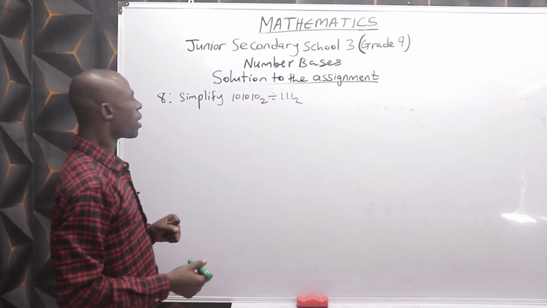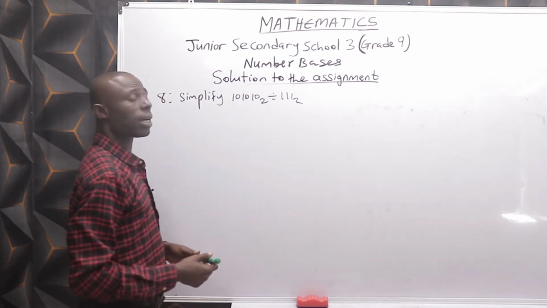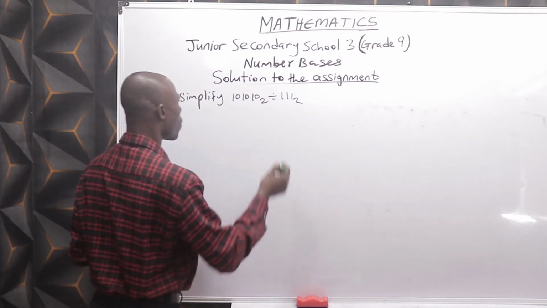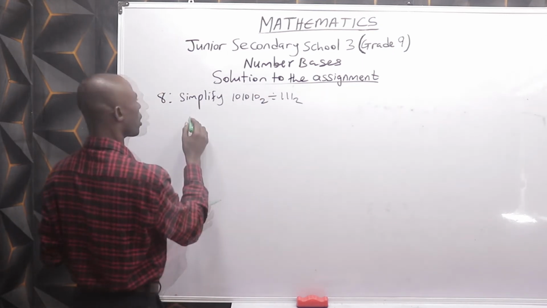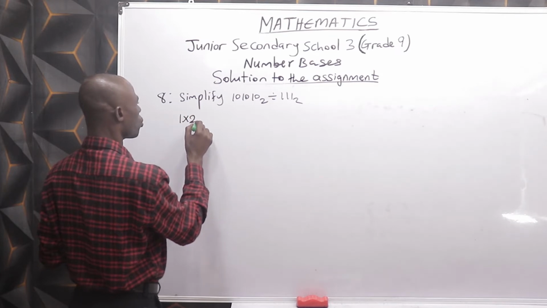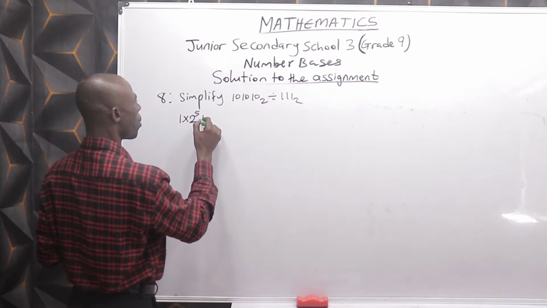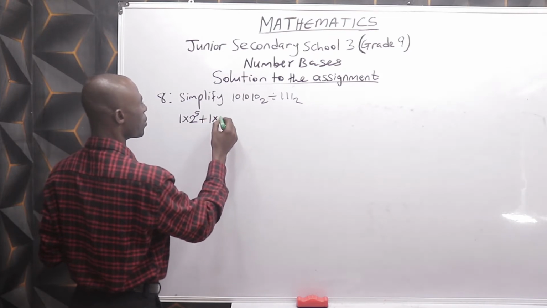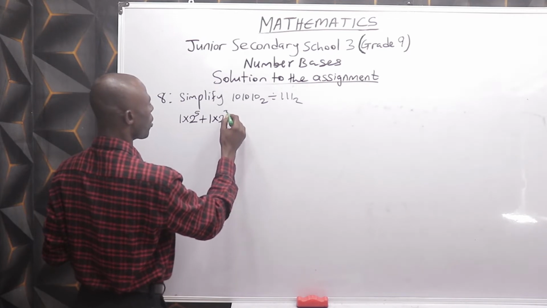Let's consider question 8. Simplify 101010 base 2 divided by 111 base 2. Convert each of the numbers to base 10 for easy work. 1 times 2 raised to power 5 plus 1 times 2 raised to power 3.